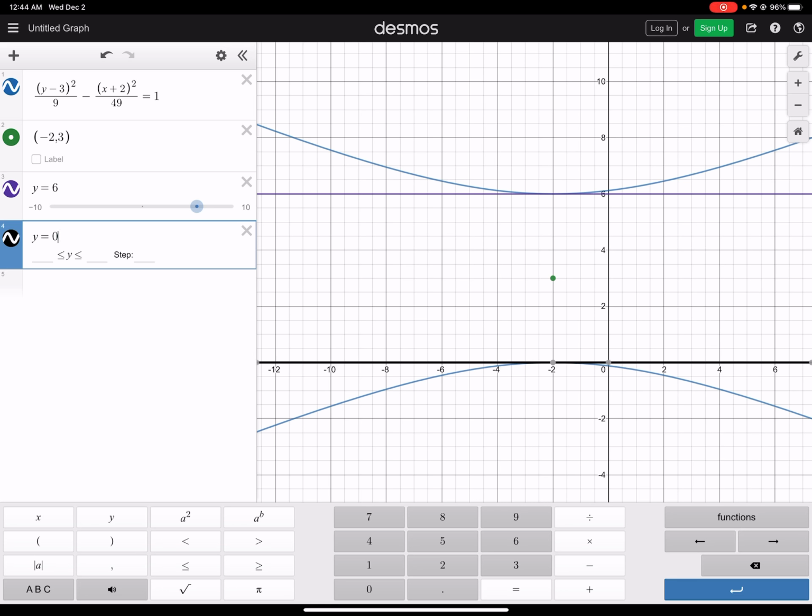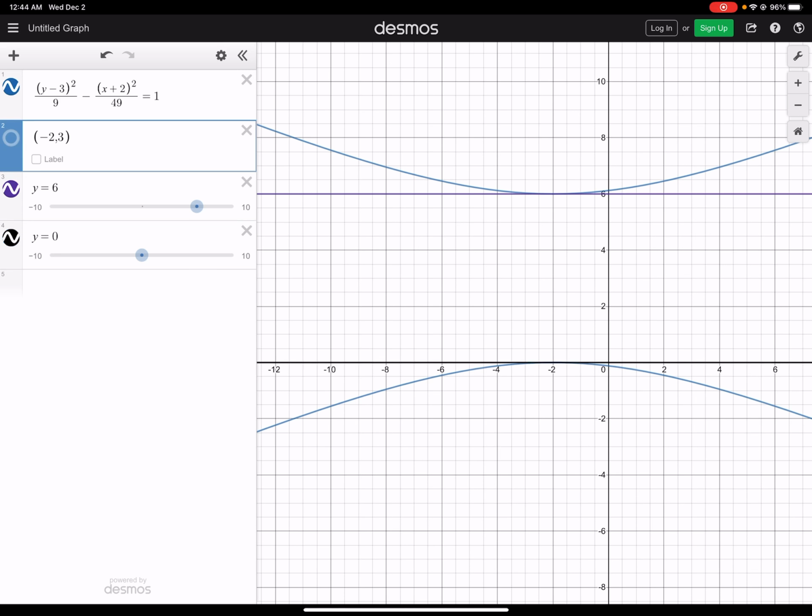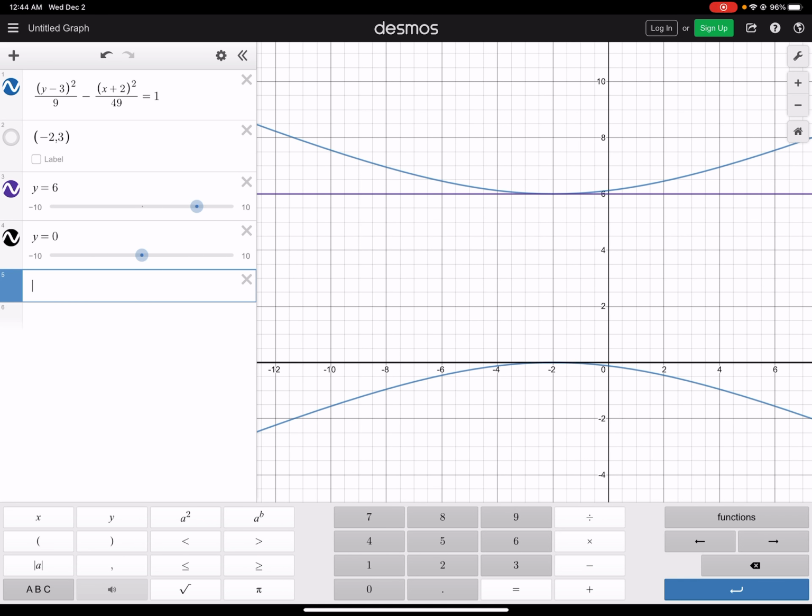Now what I'm going to do is, and I can't use my laser pointer on this, so look at this point right here. I'm turning it on and off. So I was at an x value of negative 2. Well, negative 2 plus 7 is 5. So I'm going to say x equals 5.